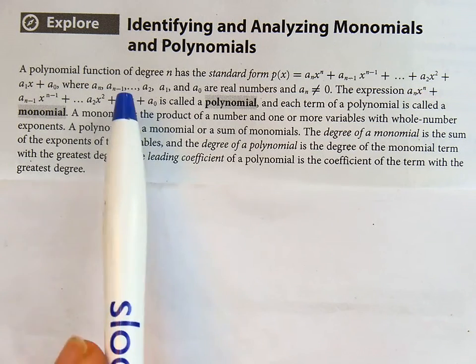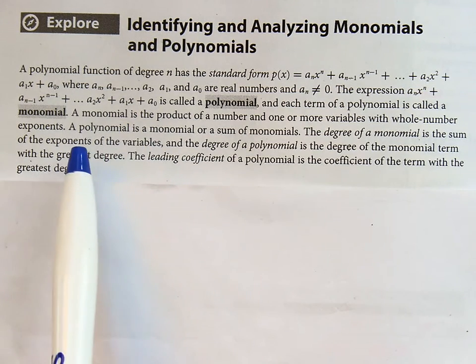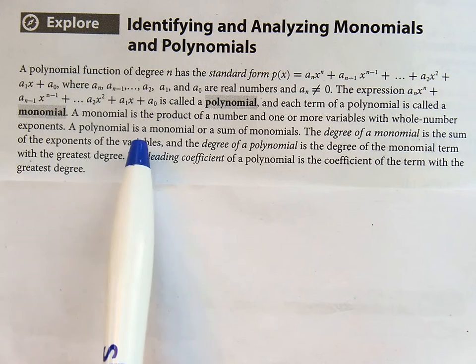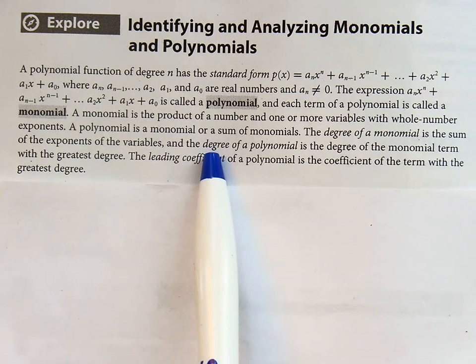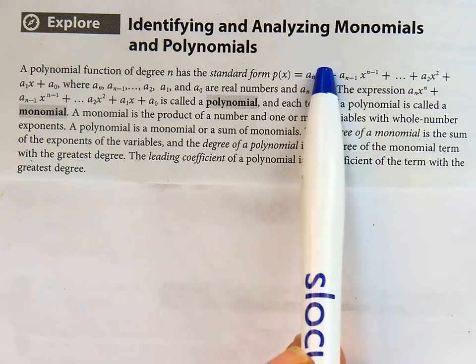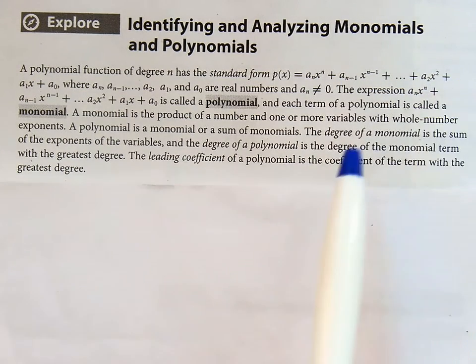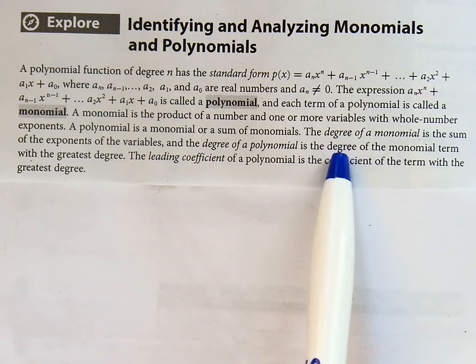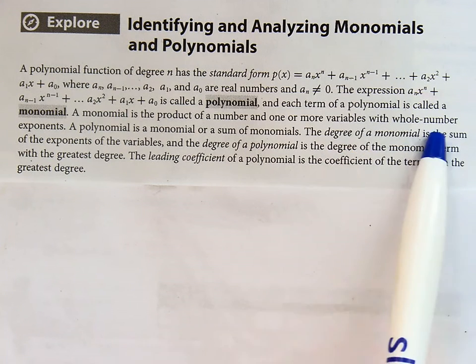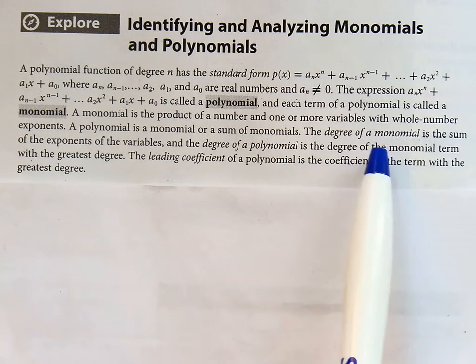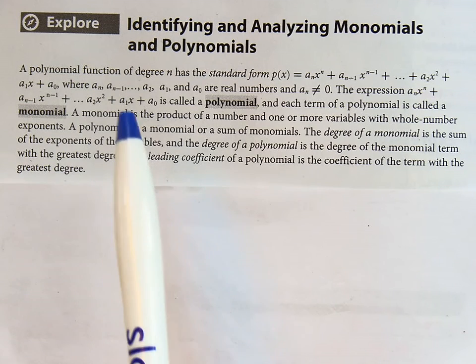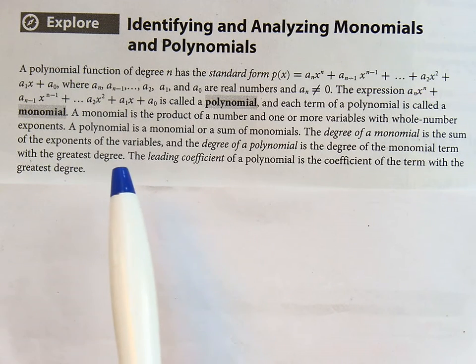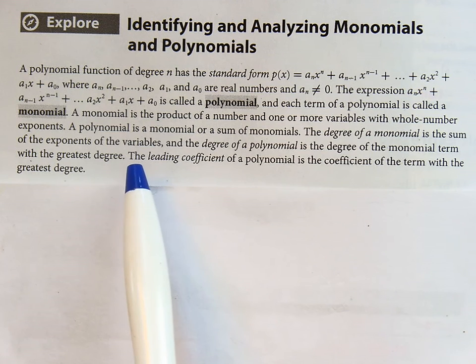As with any word problems, you read it once and then you go back and read it again. So when you add up all the exponents of the variables, that is when you get the degree of that monomial. And the degree of a polynomial, which, if you remember, is a group of monomials, is found when you look at each monomial's degree, and whichever one is the greatest out of all the ones that are together is the degree of the polynomial.